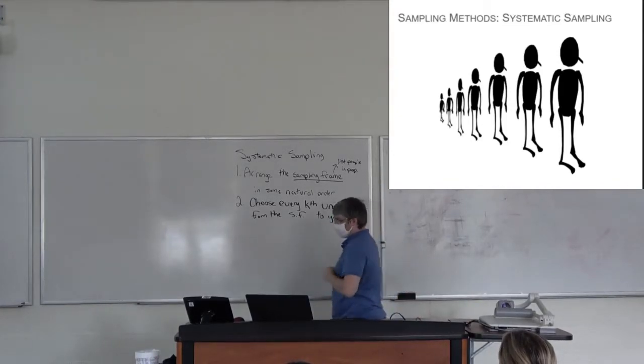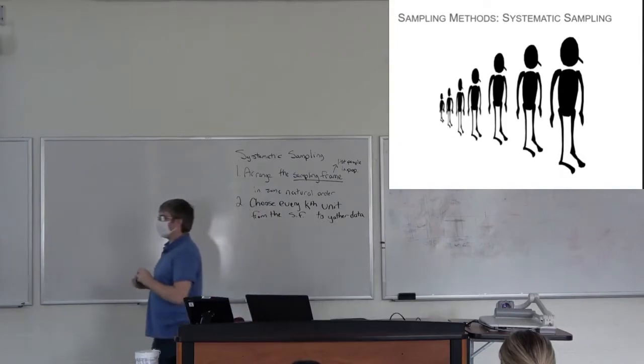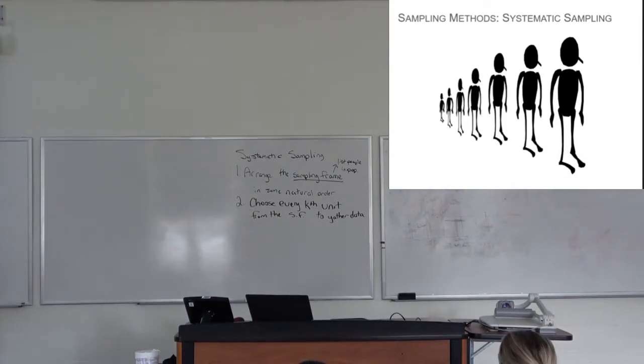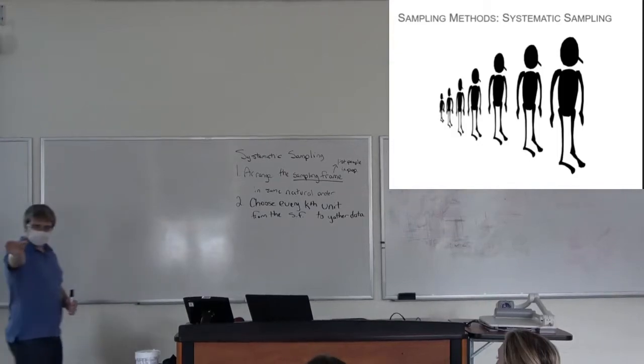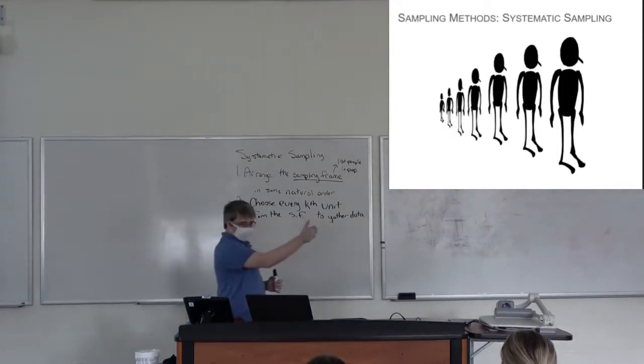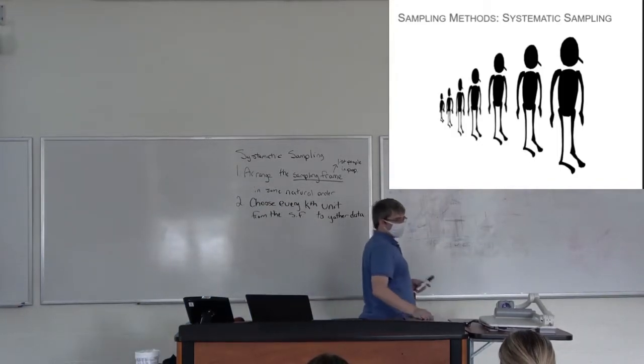So basically there's about 70 of you in this classroom, and what I would do is count off and say my k is 5. So I'll do 1, 2, 3, 4, 5, pick them, 6, 7, 8, 9, 10, choose them, go all the way down until I pick the 70th person.